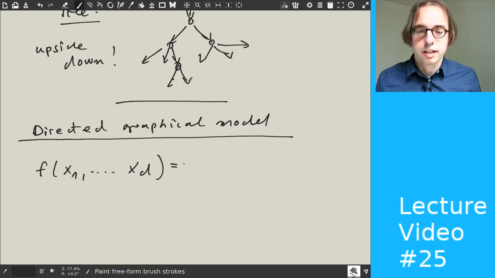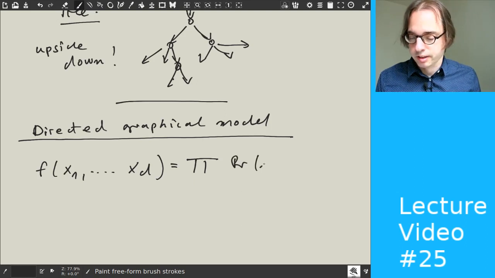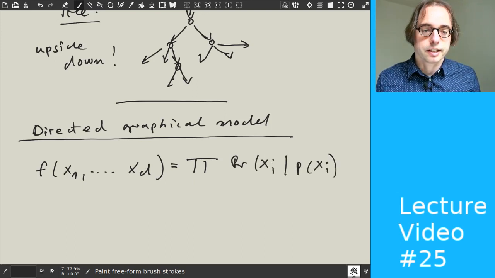So you have a product of the distributions from the parent to the child. If it's discrete, it's the product of the probability of xi given the parent of xi. So we have conditional distributions.